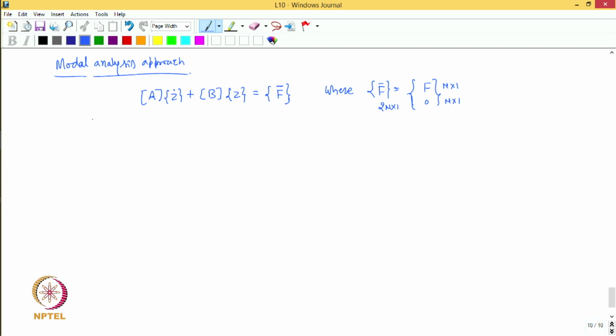Now, here we perform the modal transformation into state space, and we say that z is equal to, now we are going to use the eigenvectors in state space. So, which are the mass normalized, rather the normalized eigenvectors, phi bar, and let us say y bar is the vector of modal coordinates, right. So, they are in state space, phi bar and y bar are the quantities in state space, and if we substitute this in the equation and then pre-multiply.